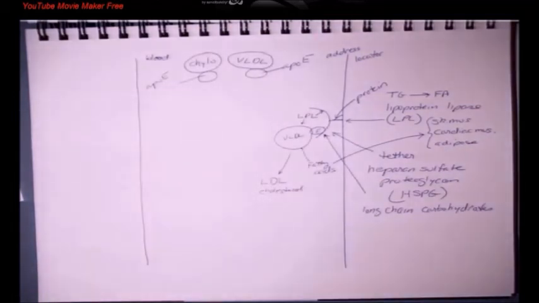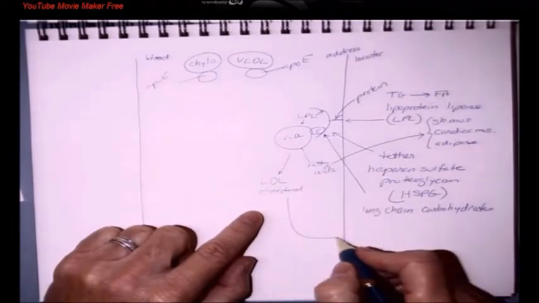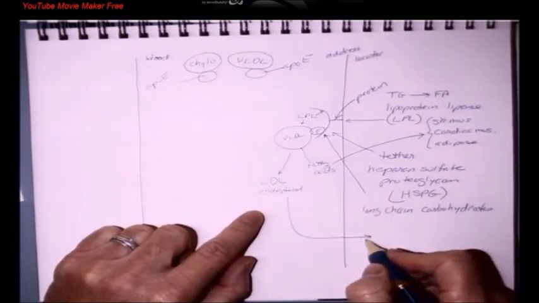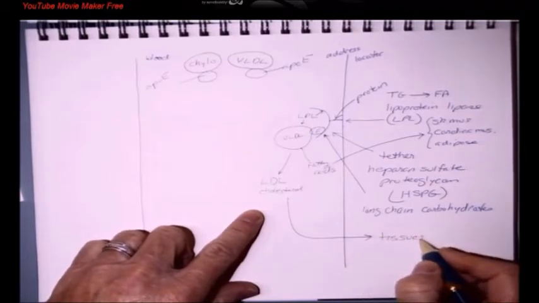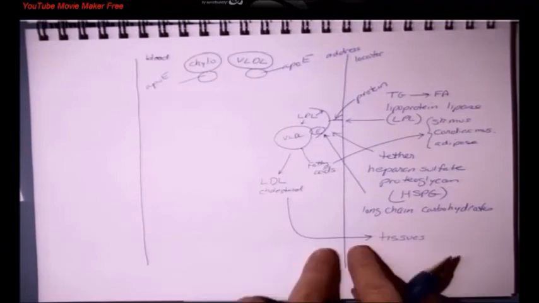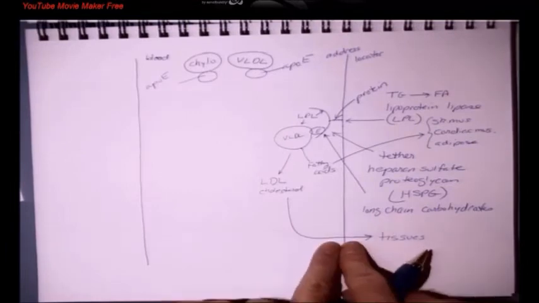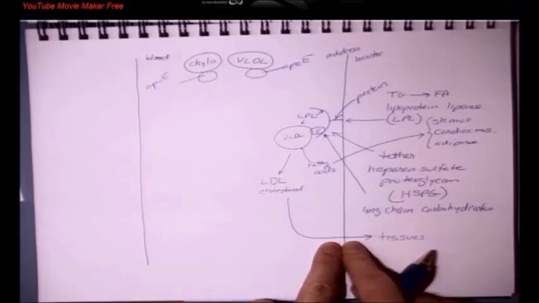Now the LDL can move across this barrier and into tissues, and all cells have the ability to take up LDL. There's a specific transport system that can actually bring LDL across the endothelial barrier. It's the process of transcytosis.